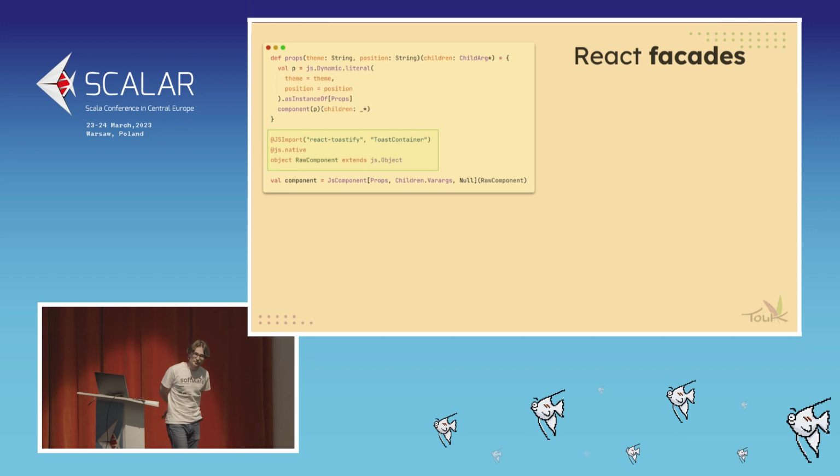I hope you know that library. If you are not familiar with it, it's just those little colorful pop-ups with a little line saying how long it's going to be displayed. Yeah, and we are saying that this component is going to be imported from React Toastify, and its name is ToastContainer. We need that container to display our pop-up, and we are creating that component here.